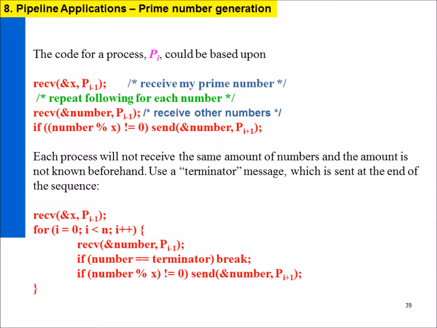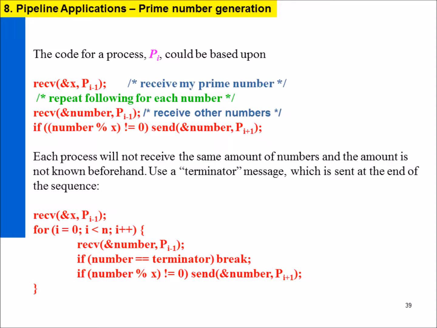Well, we could base it on this idea. We receive the prime number, and then we receive the other numbers, and if the other numbers are not divisible by my prime, then I send the numbers on to the next guy. Note that a simple for loop is not sufficient for repeating the action because each process will not receive the same number of numbers and the amount is not known beforehand.